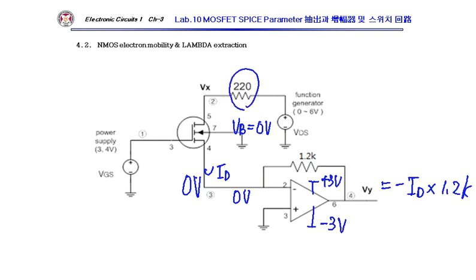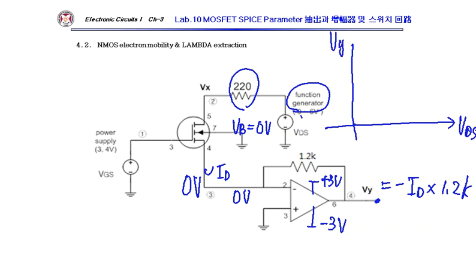I have some protection resistor. Actually, if you plot with a function generator, you can watch a Lissajous pattern here. This is Vx and Vy. The Lissajous pattern will look like this: VDS from the function generator, Vy from this output node.